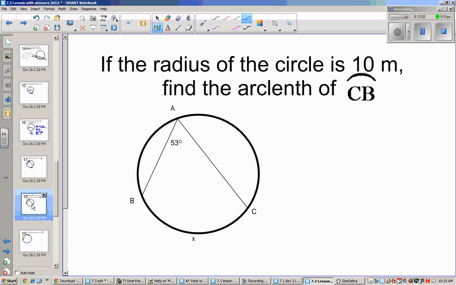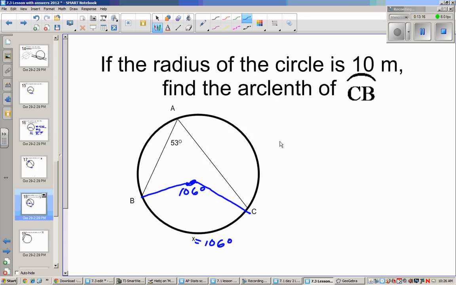Okay, so the next one again is going to be from yesterday. The radius of the circle is 10 meters. Find the arc length. Now this one requires us to find the central angle. So there's my angle. On the previous one, I learned that x is 106. So I also need to use the property that the measure of the arc is the same as the central angle. So the central angle on this then is 106 degrees.